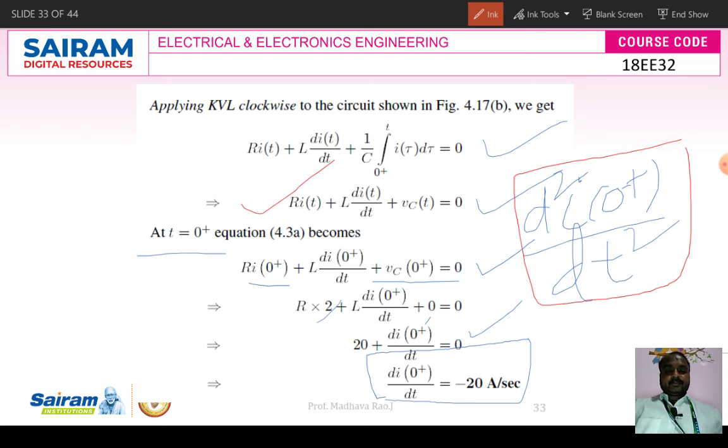R into d I by dt plus L into d square I by dt square plus the differentiation of Vc, that is the differentiation of 1 by C integral I dt, so 1 by C into I of 0 plus. So substitute the values and we can find d square I of 0 plus by dt square.